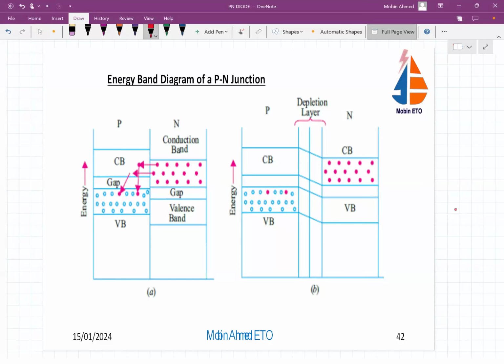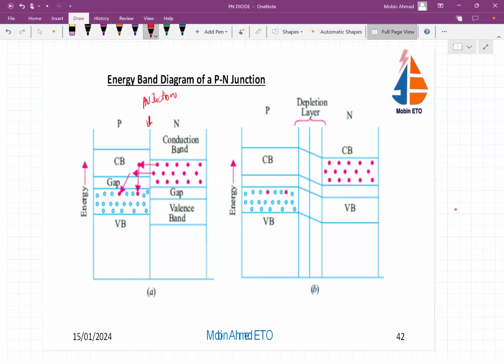And as soon as the p-n junction is formed, the electrons of the n-type conduction band fall to the p-type semiconductor holes and they are going to deplete. Deplete means there will be no hole and there will be no free electrons.